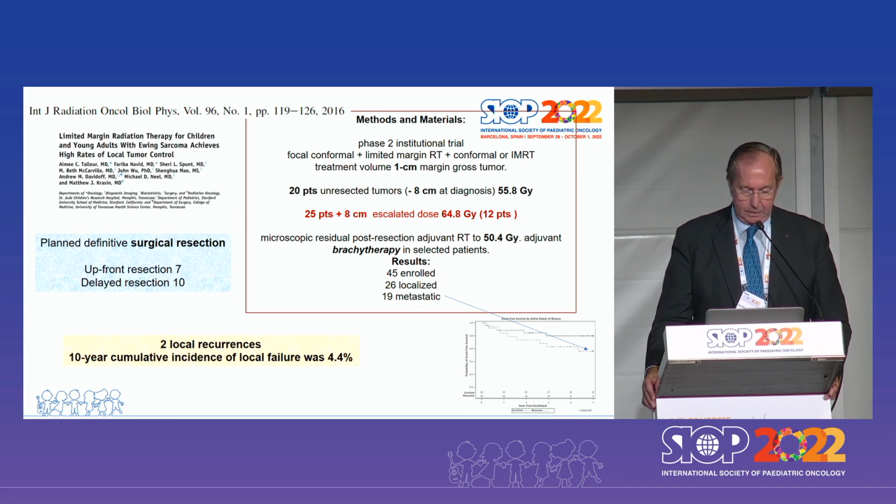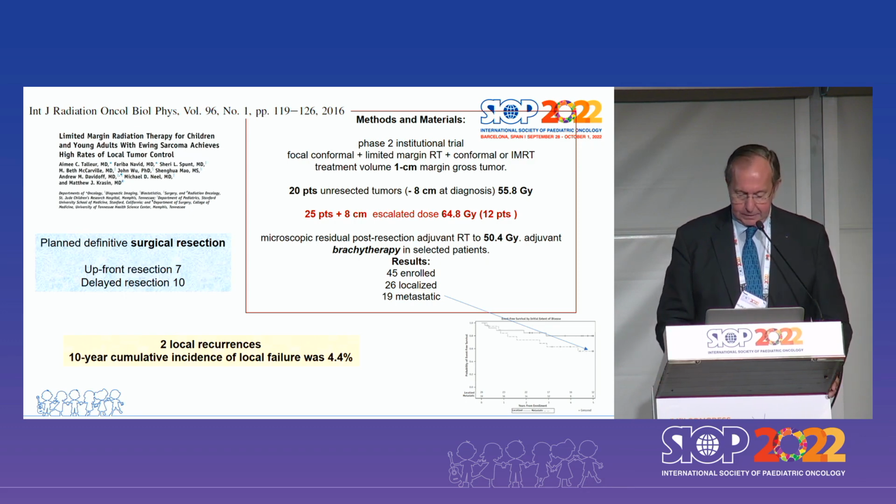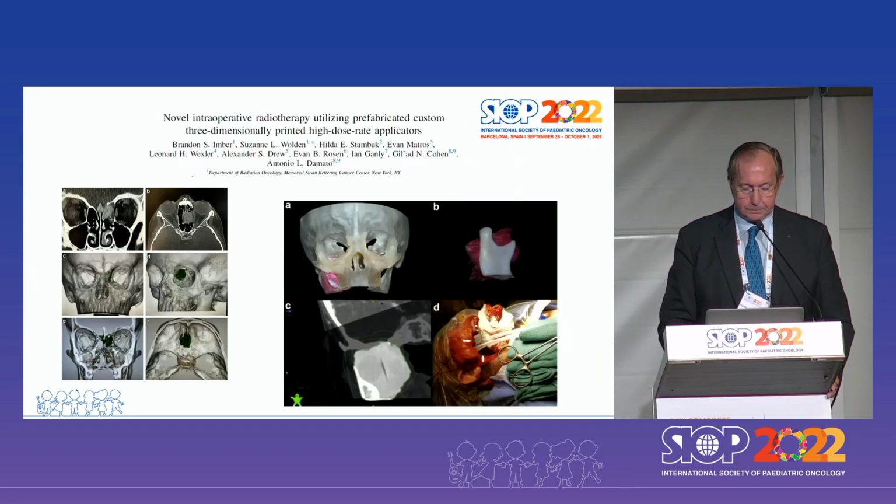They have very good local control altogether, only 2 local recurrences, and the data is mature, the follow-up is very large. Many of the patients were high-risk patients with not completely resected tumors and more than 8 centimeter diameter lesions.